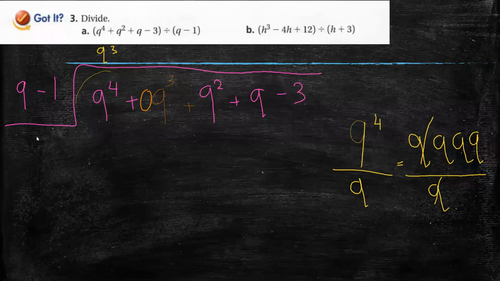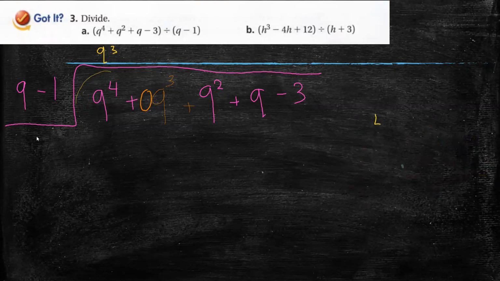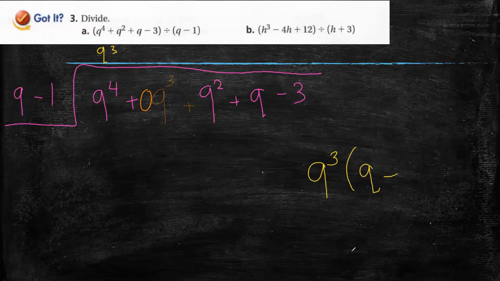Then multiply both terms. When I want to multiply, I will multiply this q cubic with the q minus 1, with the whole divisor. So I want now to multiply q cubic with the q minus 1.